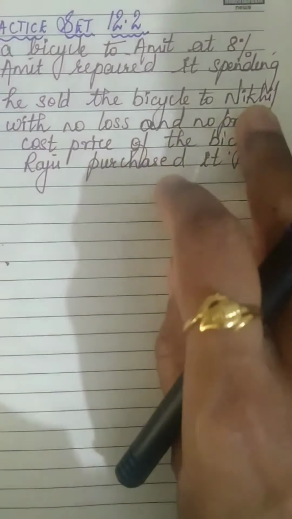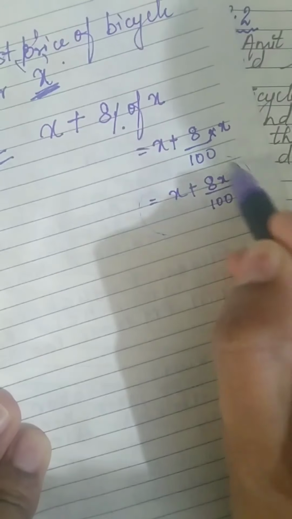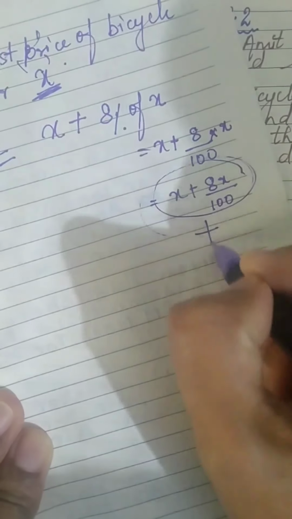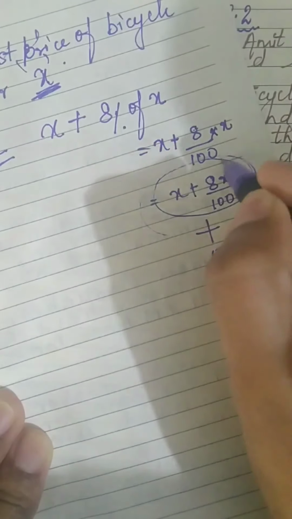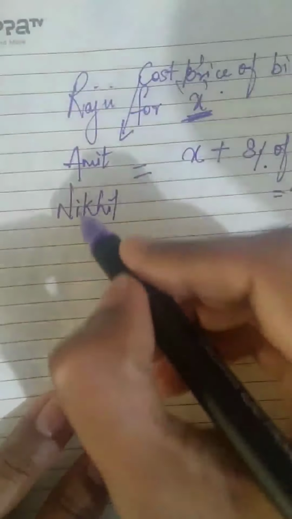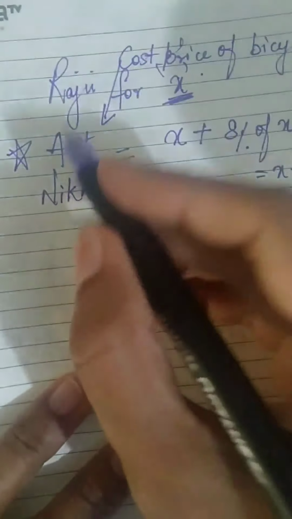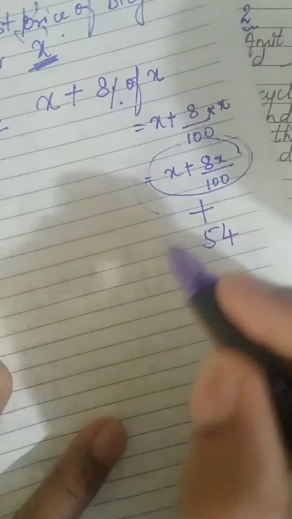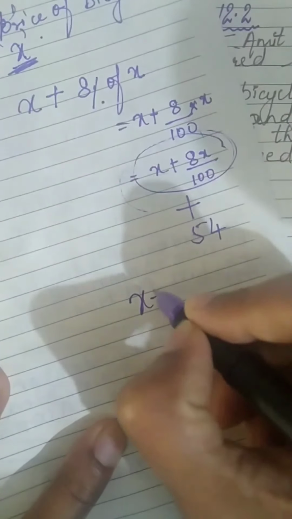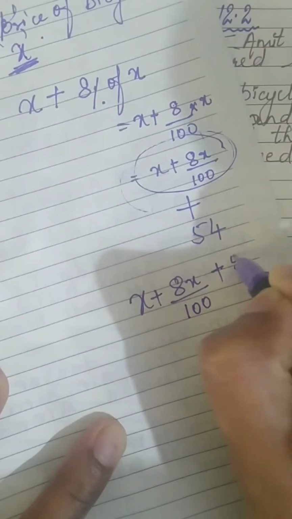Amit repaired it spending 54 rupees. Poor Amit, he had to give so much money, and to this again 54 rupees more, plus 54. So the total price of the bicycle for Amit, the total price that Amit paid for the bicycle, will become X plus 8X upon 100 plus 54.